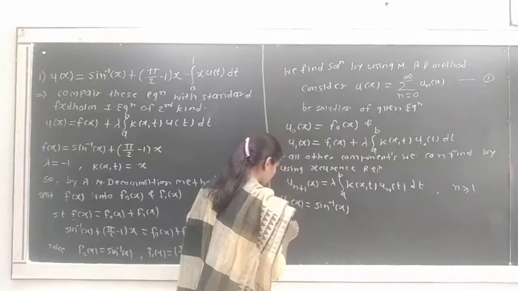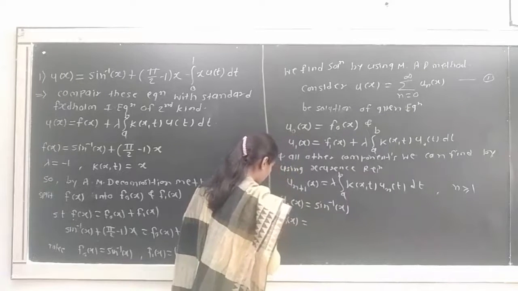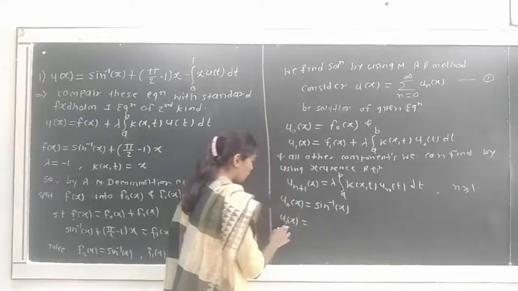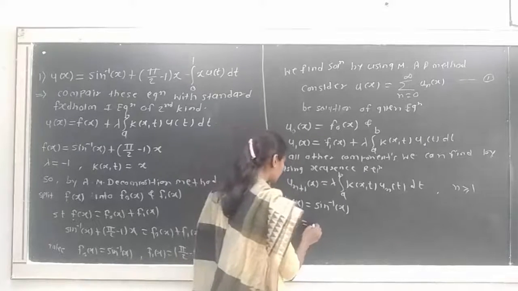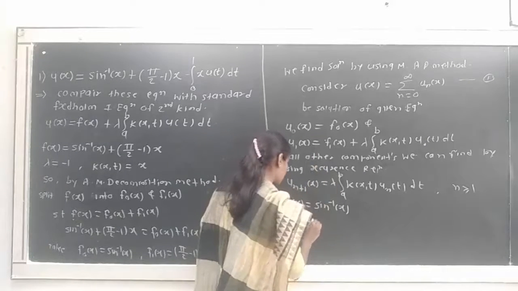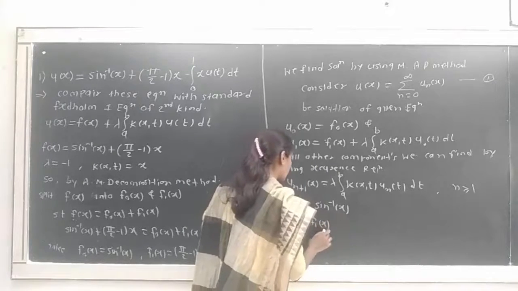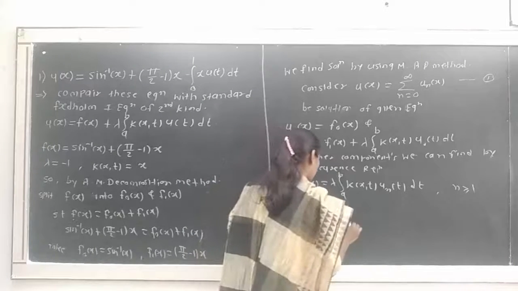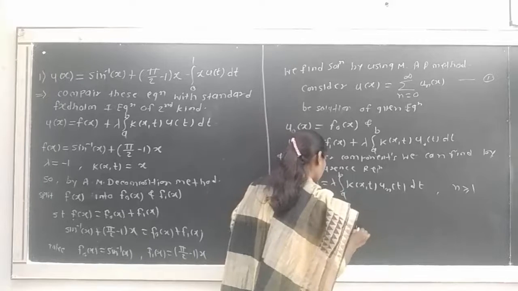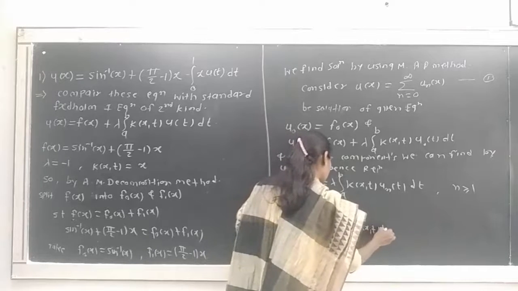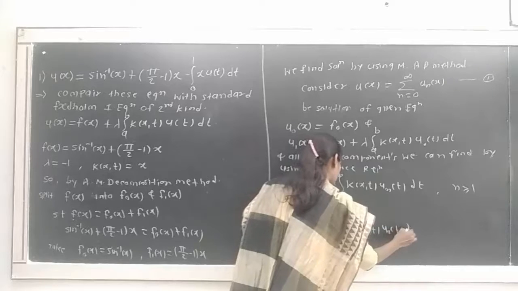Then we find u1 of x. u1 of x is equal to, by using this relation, f1 of x plus lambda integration from a to b k of xt into u0 of t dt.